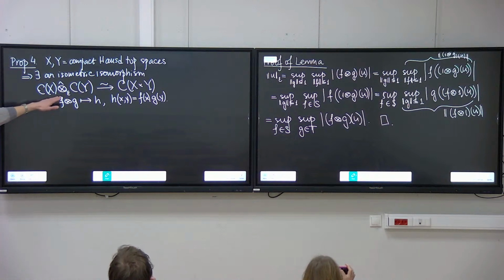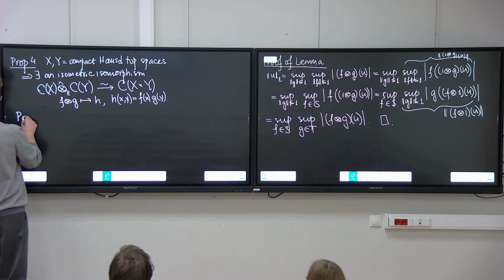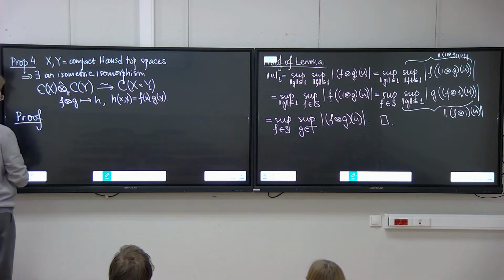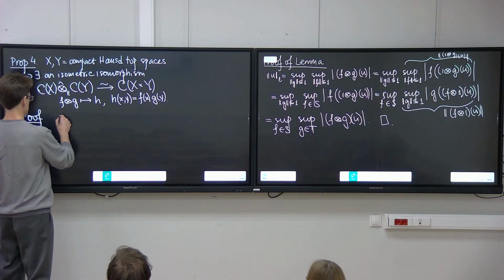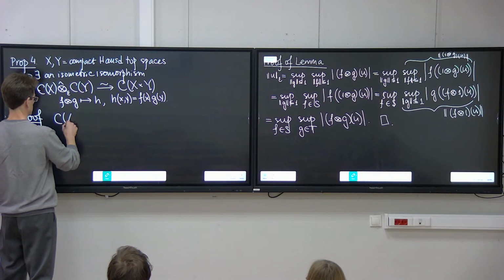Again, it's essential here that we take the injective tensor product. For the projective tensor product, the result fails. To prove this result, let's first start with the purely algebraic situation.